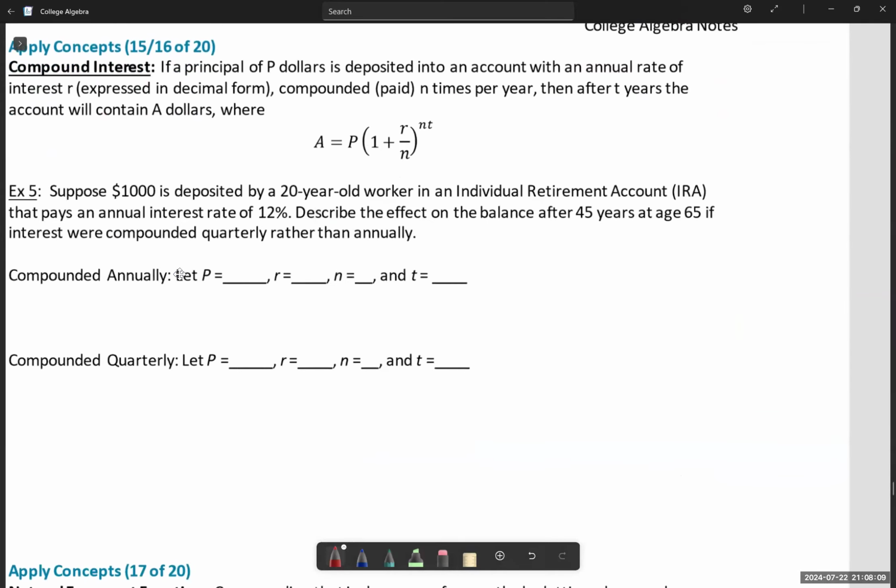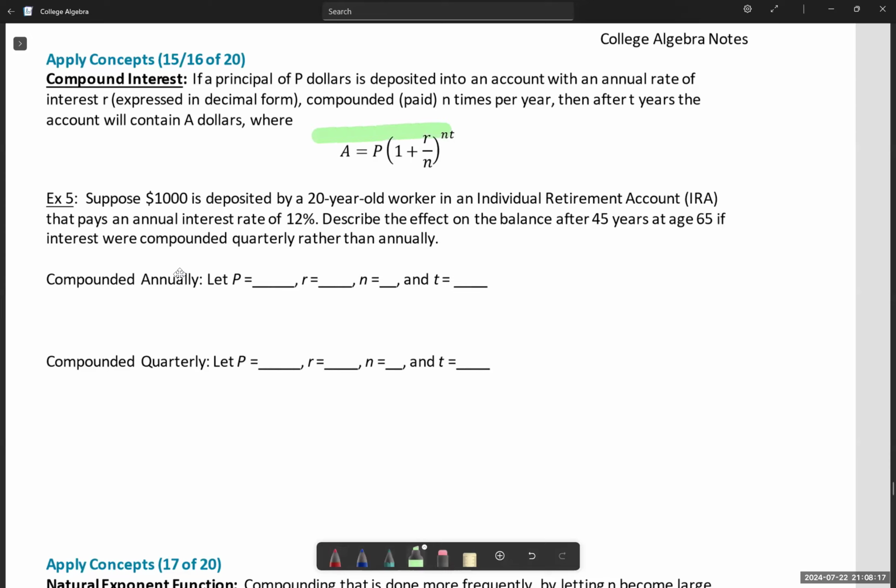All right, now we're getting into the application problems, and these are going to be really important for the exam. So I would say definitely start this and get it together. We can find the amount of money that an account holds. That's A, the amount of money in an account, given that we are growing this money using interest.